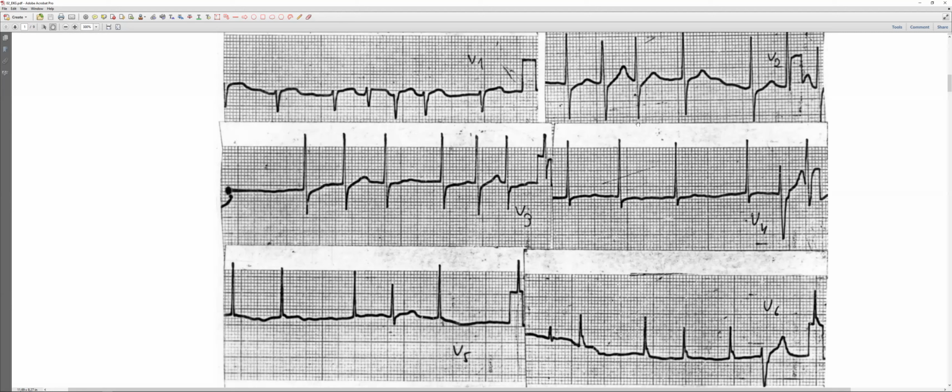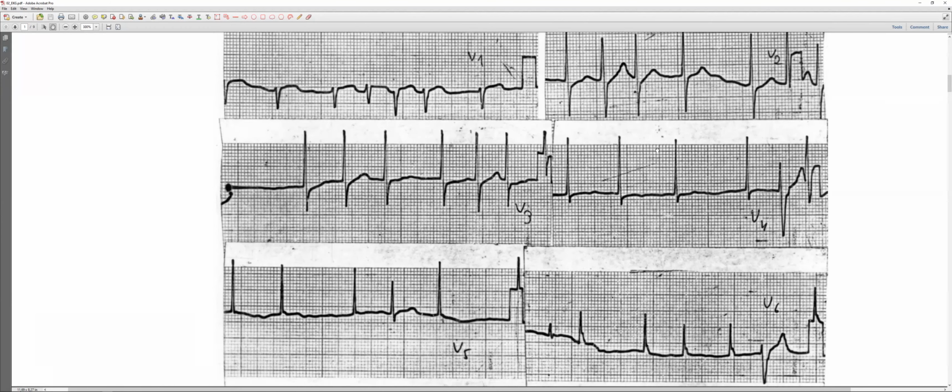The R waves are tall, yes, in V2 and V3. The R wave is too big. That could mean that on the back we do have a posterior pathological Q wave.